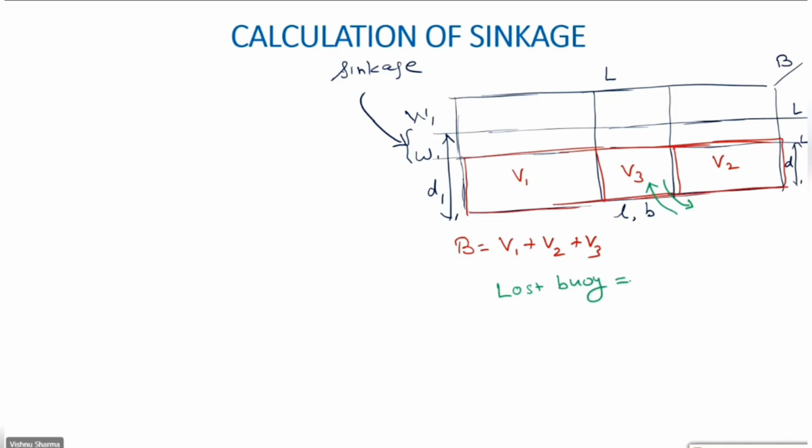What represents the lost buoyancy here? V3. What do I multiply to get the lost buoyancy? V3, sir, lost V3 is okay, but what do I multiply to get V3, beta? Small l, small b and d. Okay, so does everybody agree that small l into small b into d is the lost buoyancy? Correct, beta? Yes.